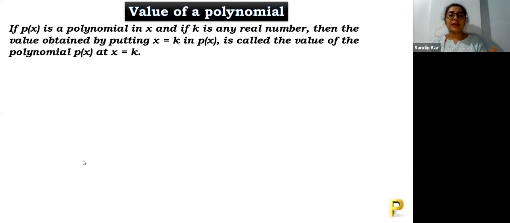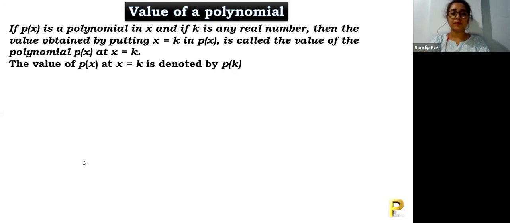Because in place of x, you're putting something else. It's called the value of the polynomial. I'll give you an example so you'll get a clear idea. The value of p of x at x equal to k is denoted by p of k. What does that mean? In p of x, polynomial of x, in place of x, you write k. Here is a question.